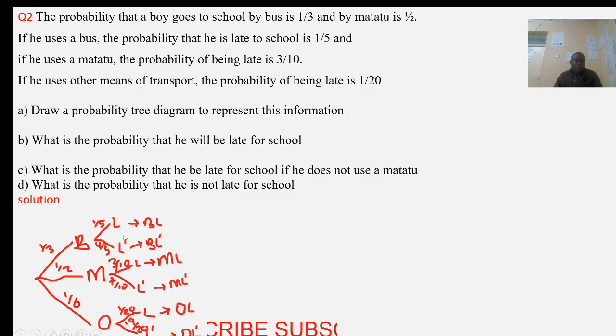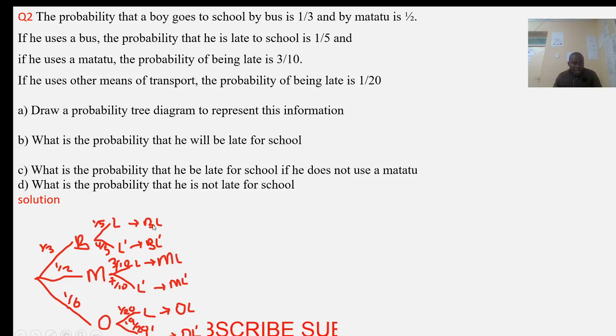So from here, you can say it is the probability of bus and late, bus and not late, matatu and late, matatu and not late, all that. Then we are asked, after drawing, what is the probability that he will be late for school?